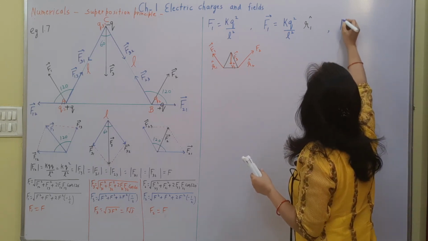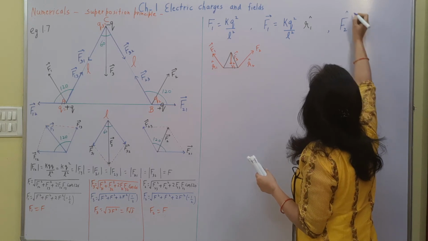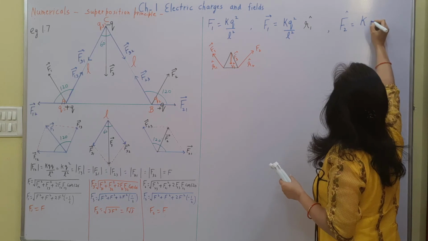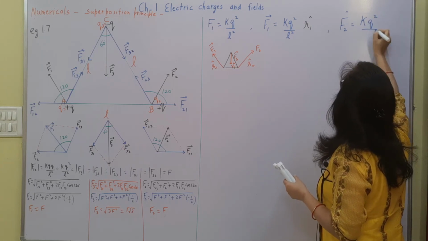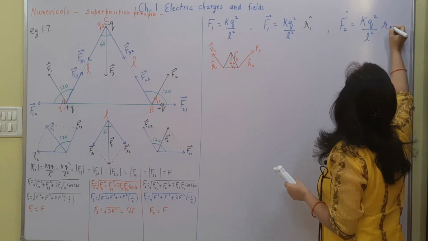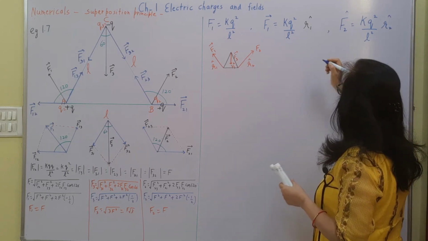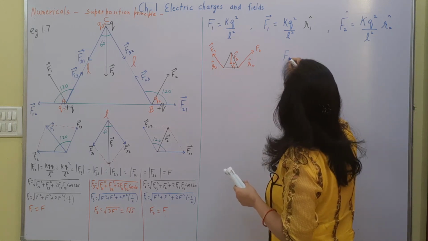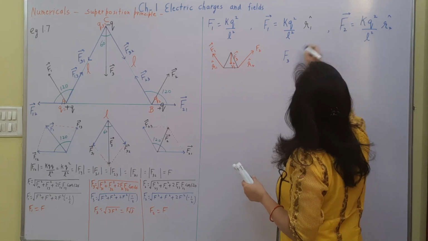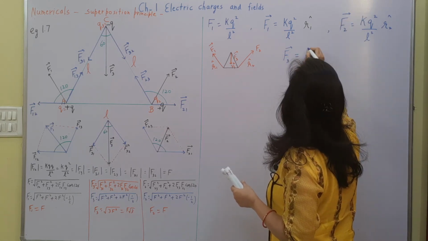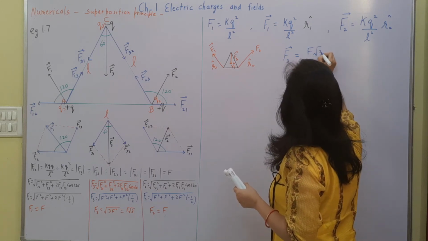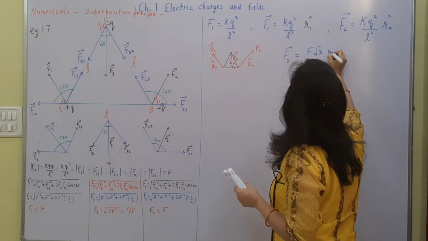So therefore F2 vector will be k q square upon L square, and this will be R2 cap. F3 vector will be F root 3 into n cap.